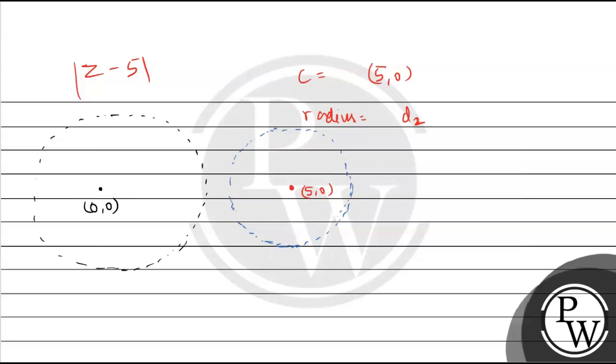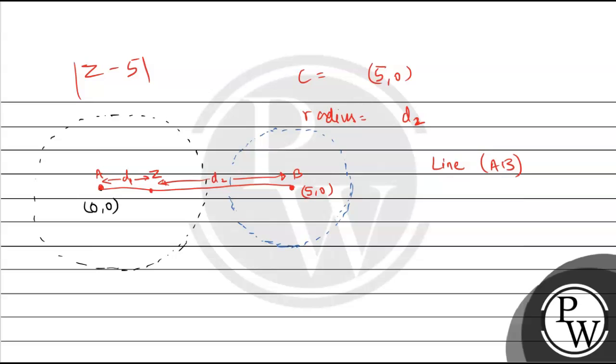With this figure we can understand that if my z lies on the line AB, let's say A and B are the centers, then definitely the distance from A to z is d1 and the other is d2.